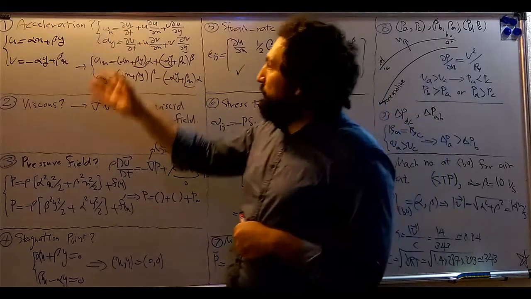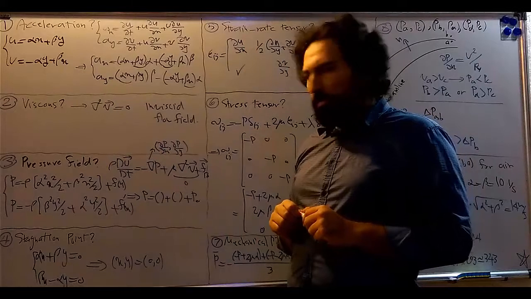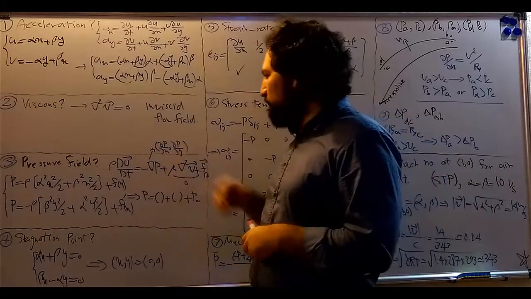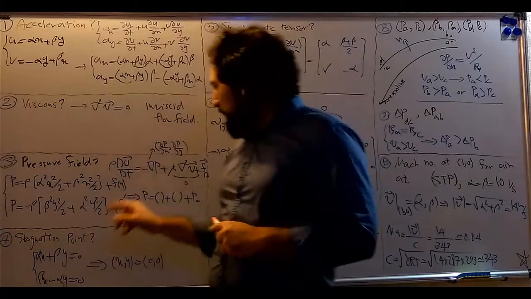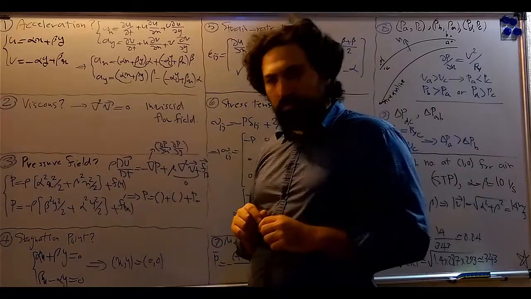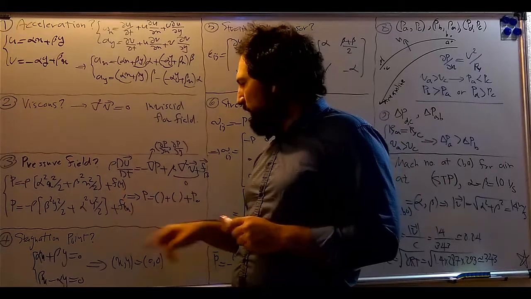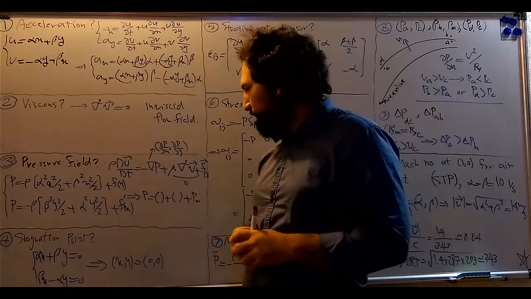So substitute these results in this relation and integrate with respect to x, and the second time with respect to y. You will obtain two expressions for pressure and two constants of integration. The first one is a function of y, and the next one is another function of x, f prime, for example.